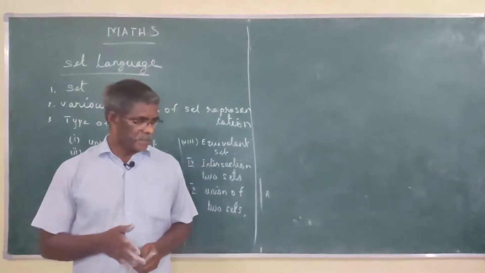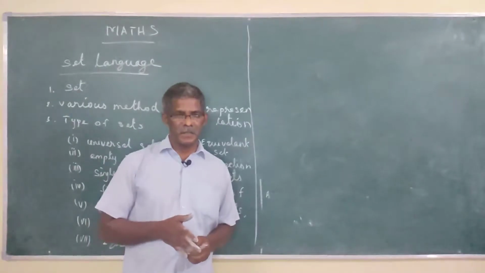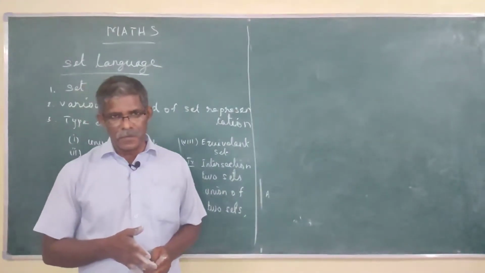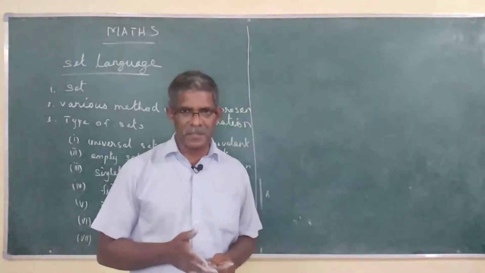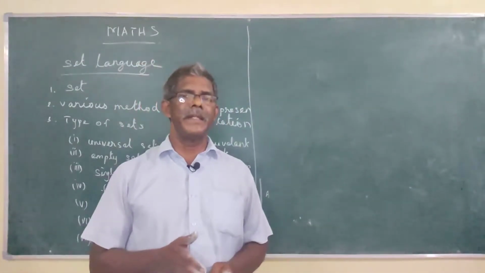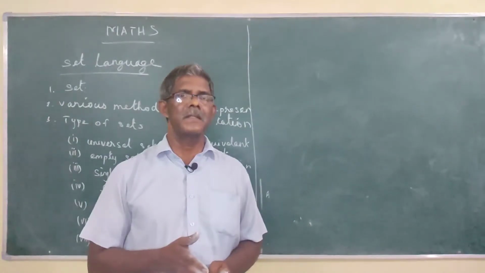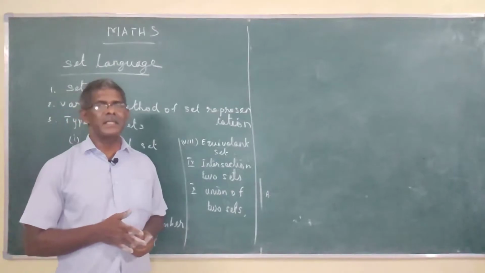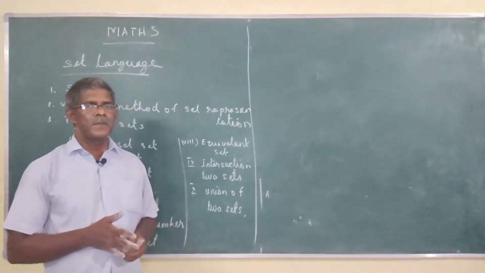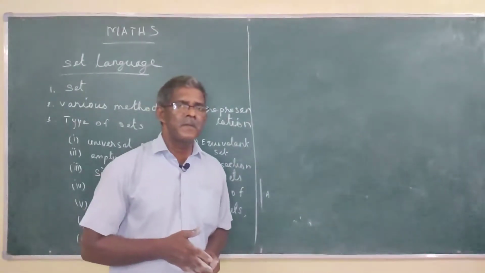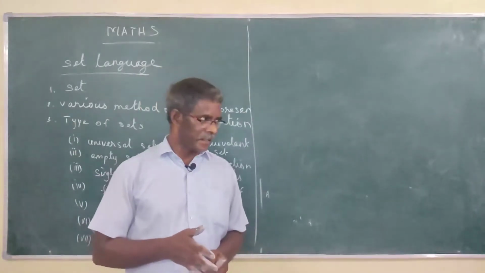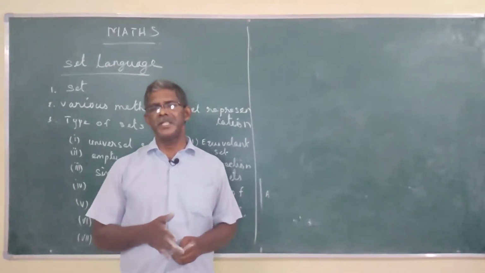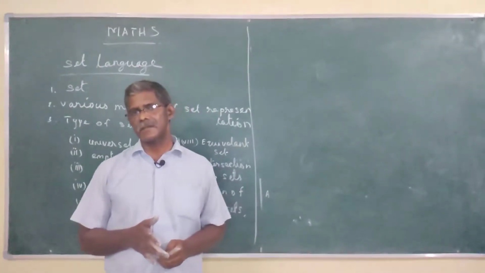For example, the set of students in 9D class. That means we can collect all the students one by one. Sometimes someone may define the set of all beautiful girls in 9D class.